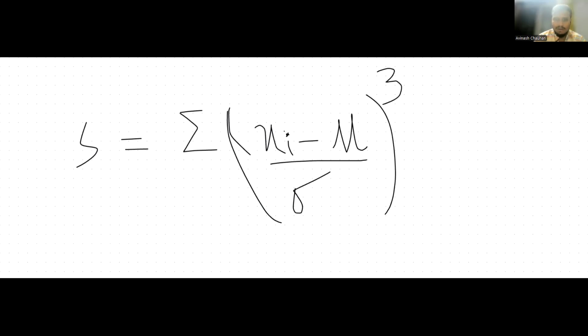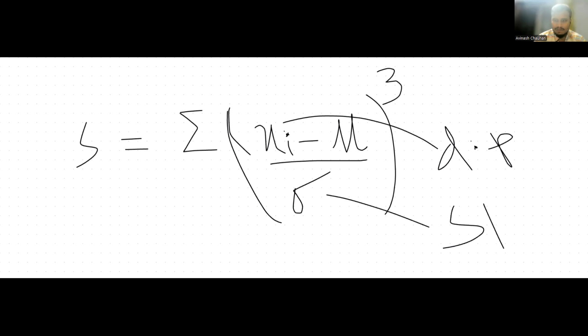Here xi is my data points, this is my standard deviation, and this is my mean.